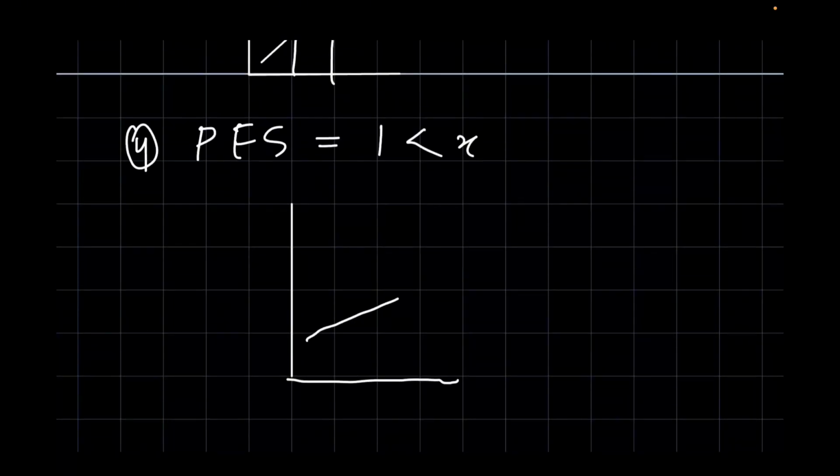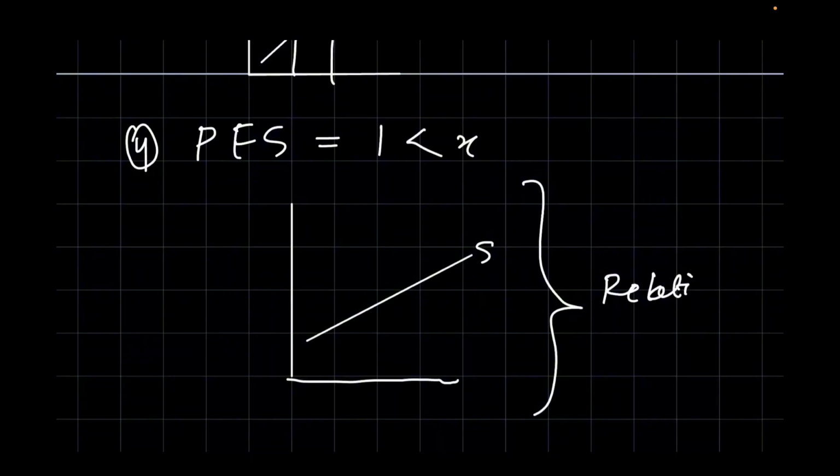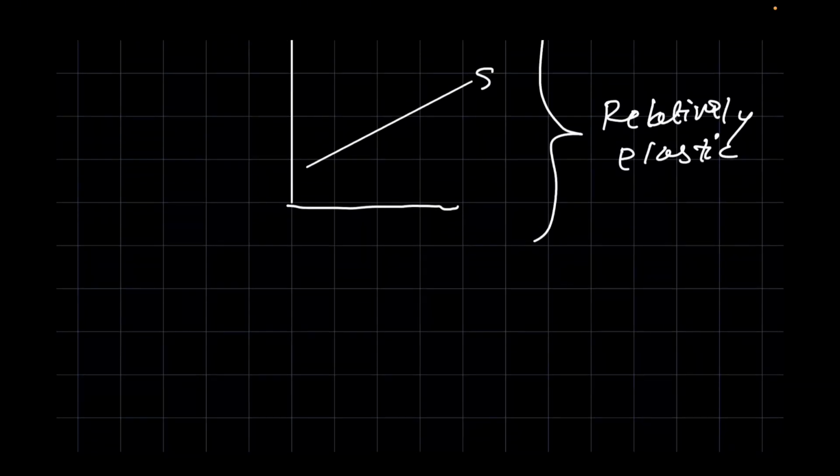So if we have a diagram that's relatively horizontal and upward sloping, we have a diagram that shows relatively elastic supply. What do you mean by relatively elastic? There is comparatively more change in quantity supplied over the change in price.